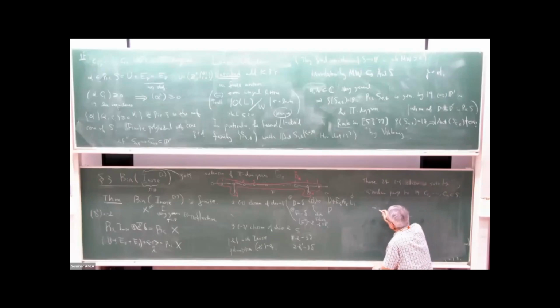Namely, if alpha has negative self-intersection number with these classes, then it implies alpha square is non-negative.